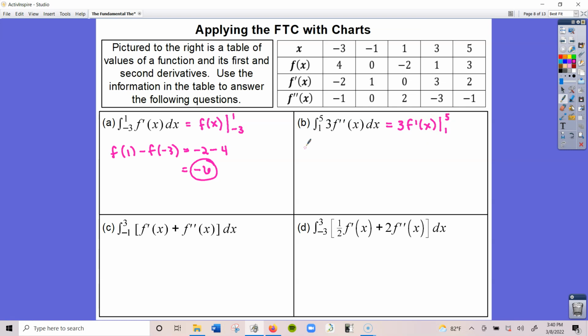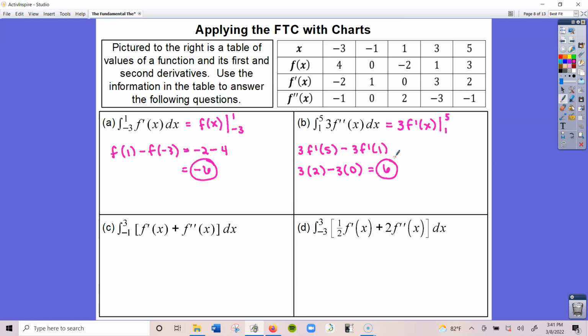So we plug in b, so this is going to be 3 f prime of 5 minus 3 f prime of 1. We look at our chart for these values. F prime of 5 is 2, so 3 times 2 minus 3 times f prime of 1, which is 0. So here we get 6 minus 0, so 6.